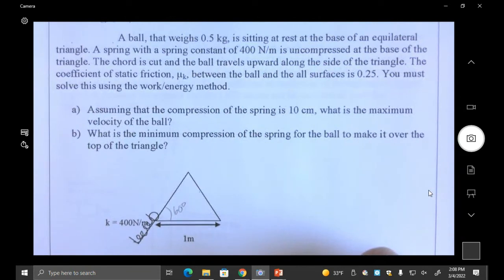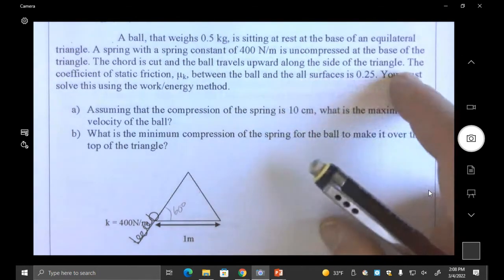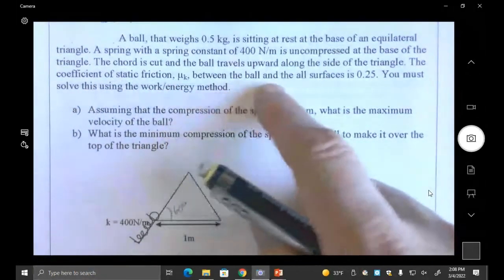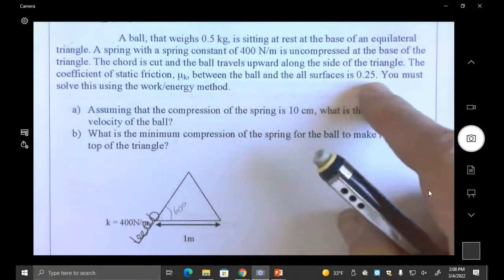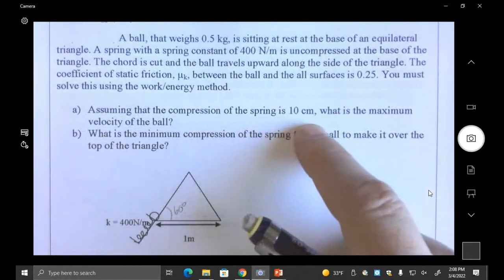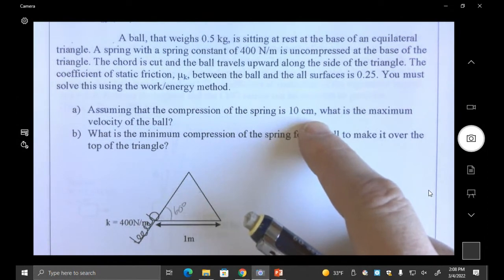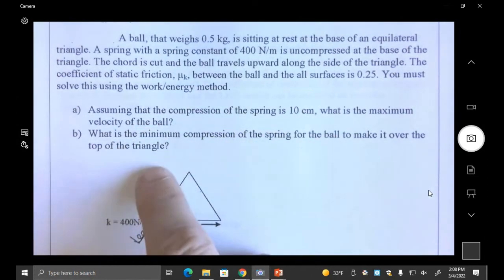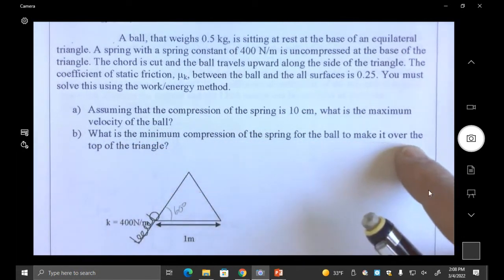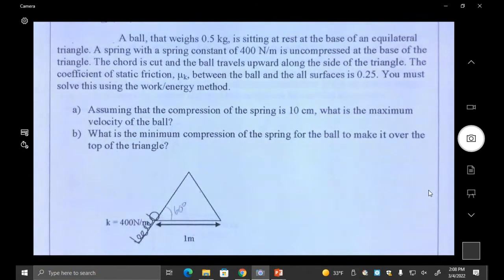Somewhere there's a cord apparently, is cut and the ball travels upward along the side of the triangle. The coefficient of static friction between the ball and all surfaces is 0.25. You must solve using work and energy. Assuming the compression of the spring is 10 centimeters, okay, I see what they did. What is the maximum velocity of the ball, and what is the minimum compression of the spring for the ball to make it over the top of the triangle?